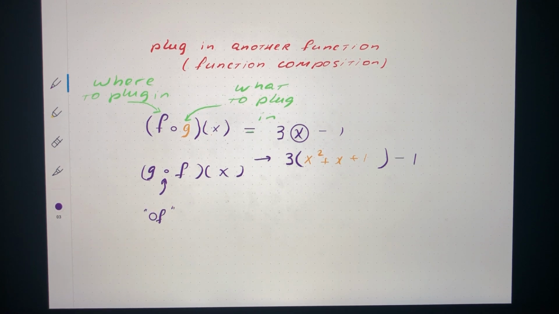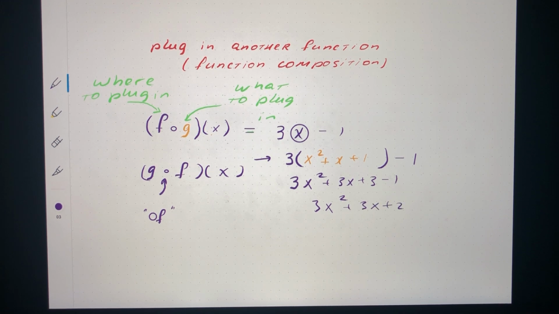So this is the function composition, and we can simplify it, distributing the 3: 3x squared plus 3x plus 3 minus 1, which is 3x squared plus 3x plus 2.